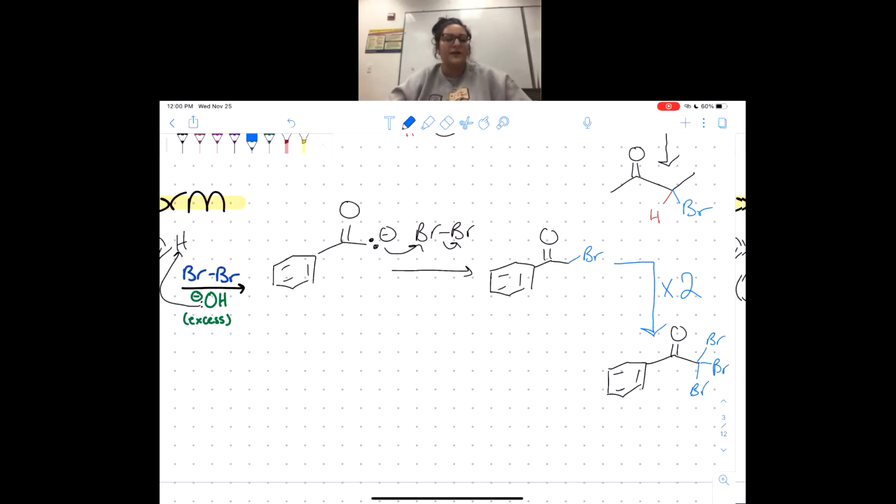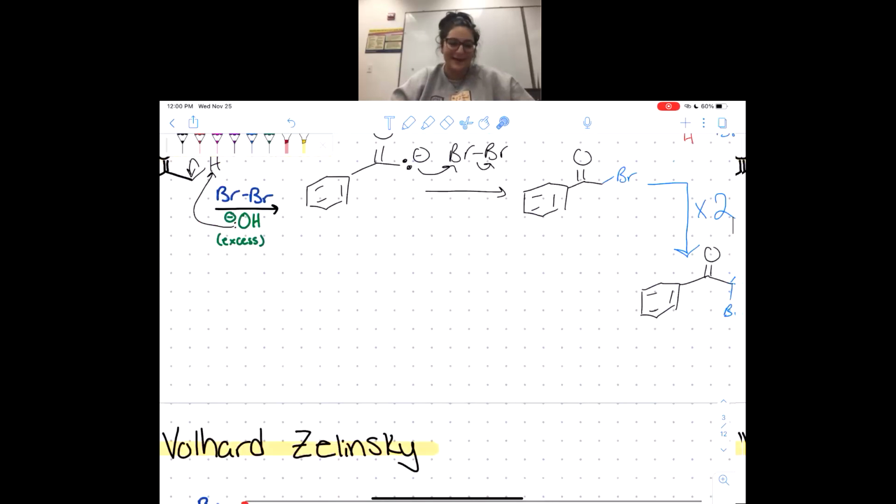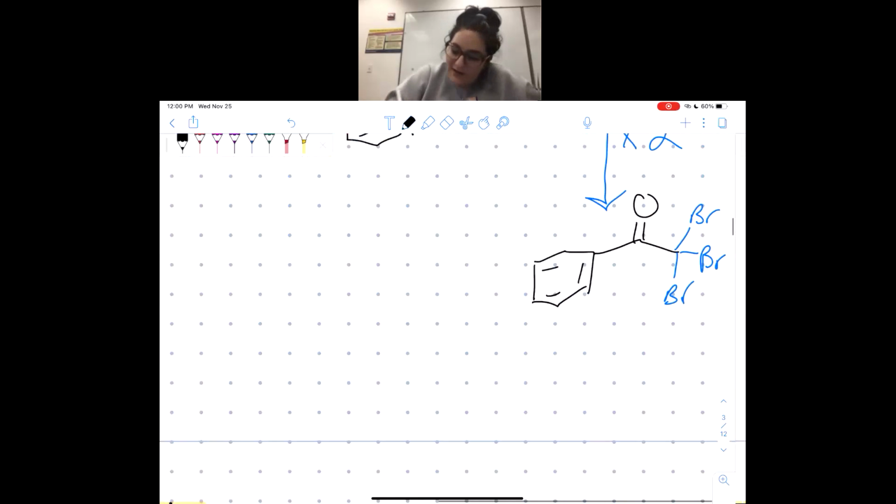And now we have a special name for this thing. Can anyone guess what the special name for this product right here is? Anyone want to take a guess? The haloform. Perfect. So right here, we're going to call this the haloform.